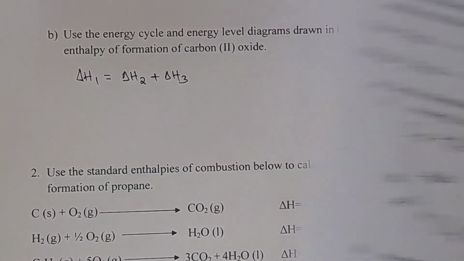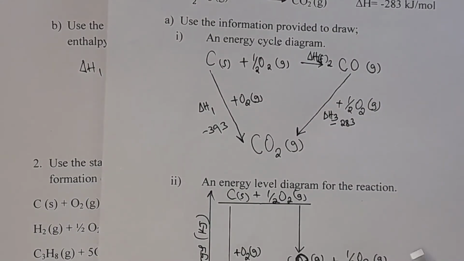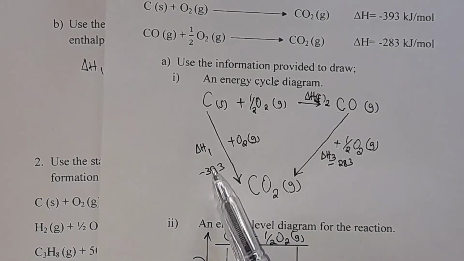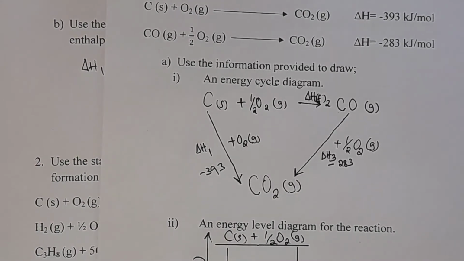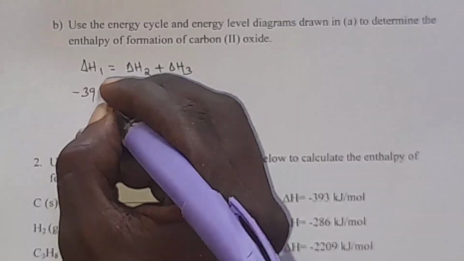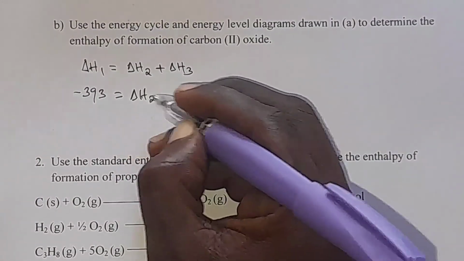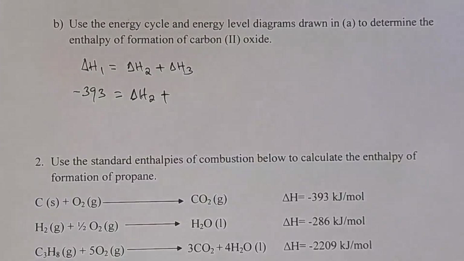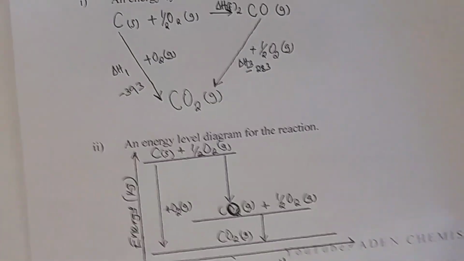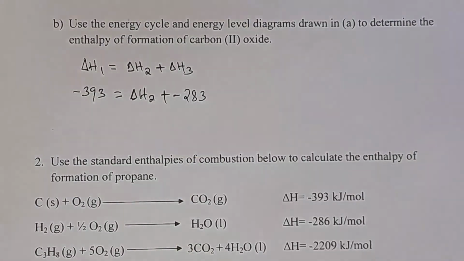Using your figures, you can substitute, or you can make enthalpy change 2 the subject of the formula. Let's try to have our values. Enthalpy change 1 is negative 393. So we are going to have negative 393 equal to enthalpy change 2, which we don't know because it's the one we are looking for, plus enthalpy change 3, which here is negative 283. So we say minus 283.